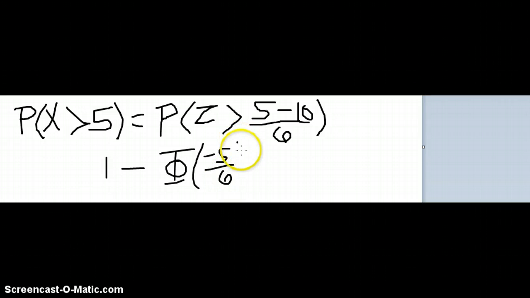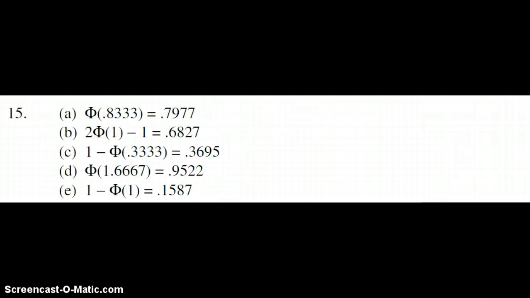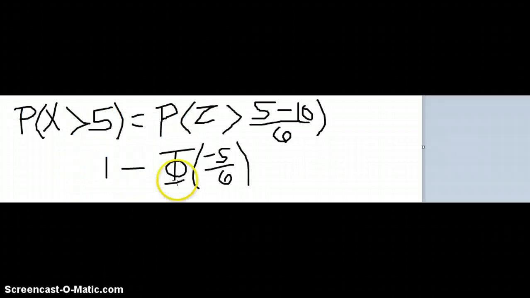Because of the negative, this right here is the same as 1 minus phi of 5/6.